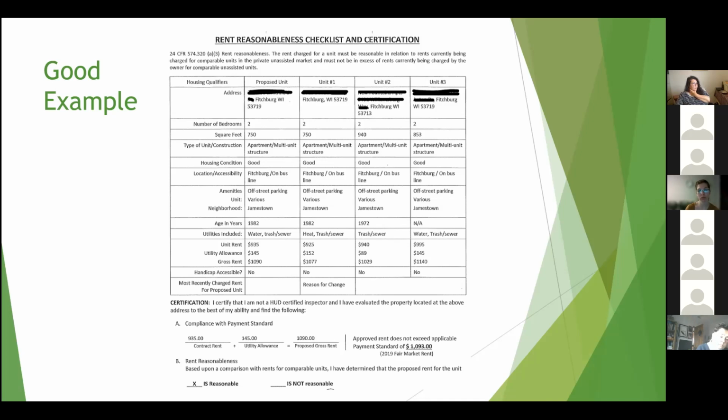So again, you do what you can to find it, but we don't want you to have to spend hours trying to find a comparable unit. So you look for them. If you can't find it, just note on the form that you can't find it, because you're still showing that it meets the fair market. So do your best to find as comparable as possible. And that's the other thing.